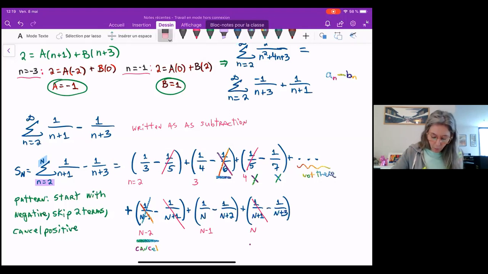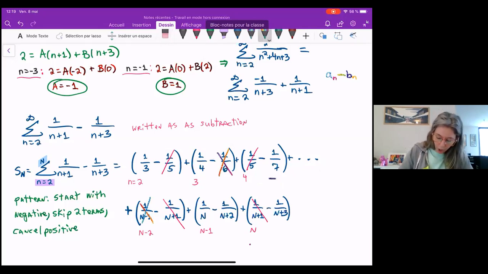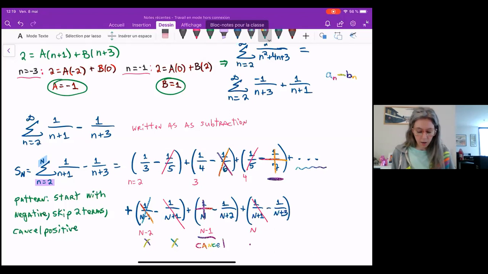Okay, so now we're going to move on to our next negative. Our next negative is that negative 1 over 7. So that's where we start. I start there. I pretend that's not there. I'm going to skip the 1 over n minus 1, skip the 1 over n plus 1, and then I'm going to cancel. So that negative 1 over 7 is canceling out with the 1 over n.